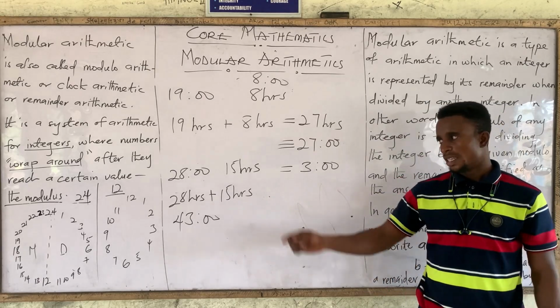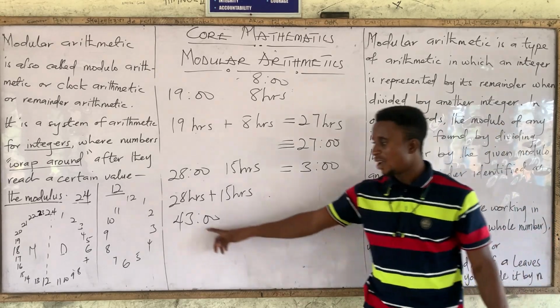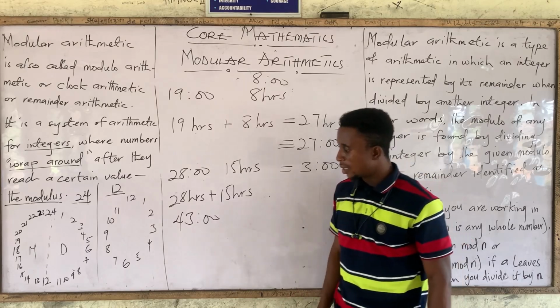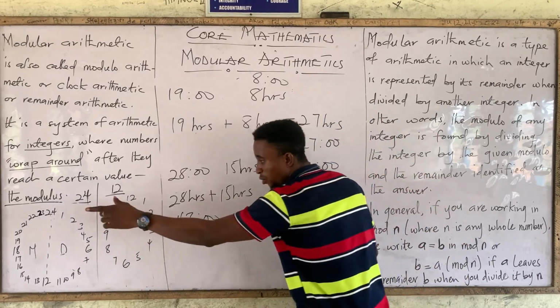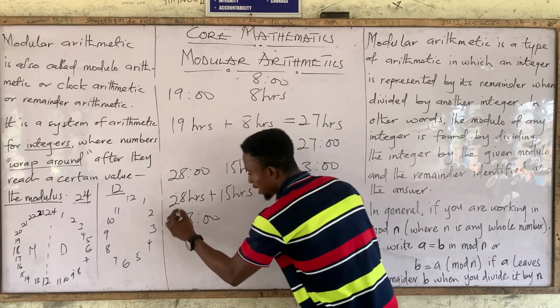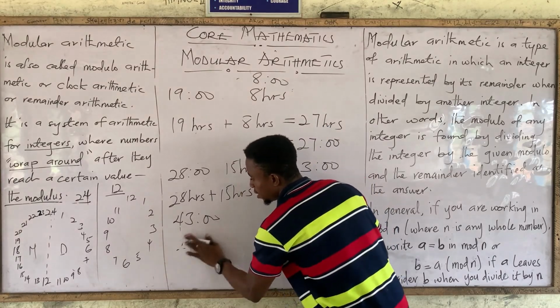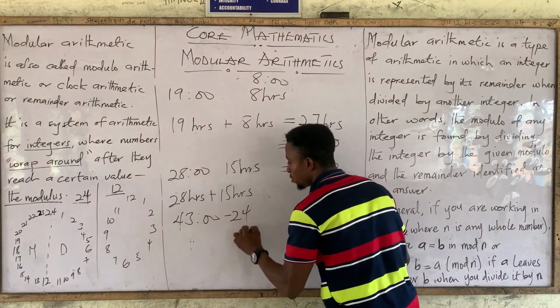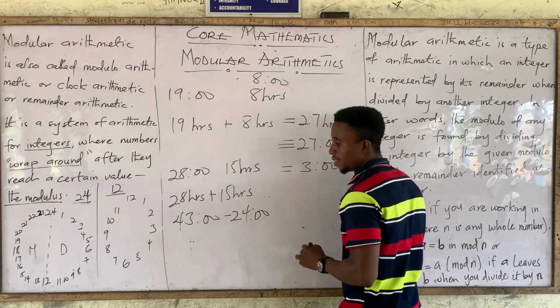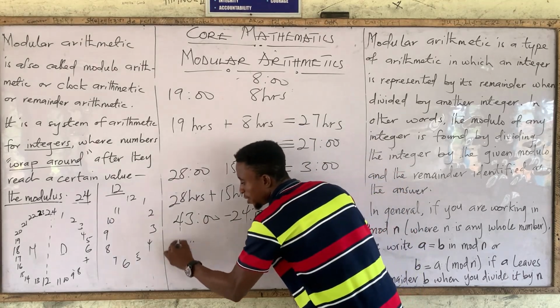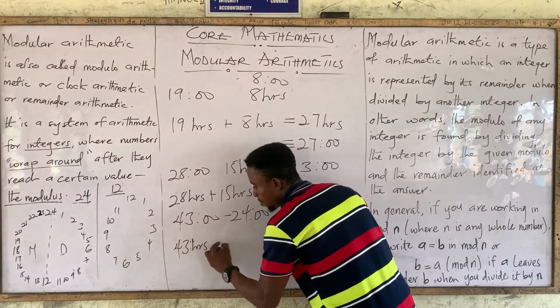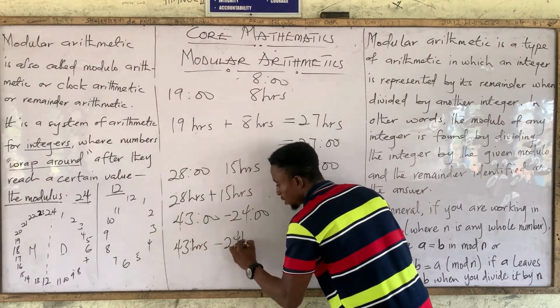So we are going to be leaving here at 43 o'clock. Check in the 24-hour clock. We don't have 43. So we have to take out the first day. So taking out 24 from it, which is the same as 43 hours minus 24 hours.